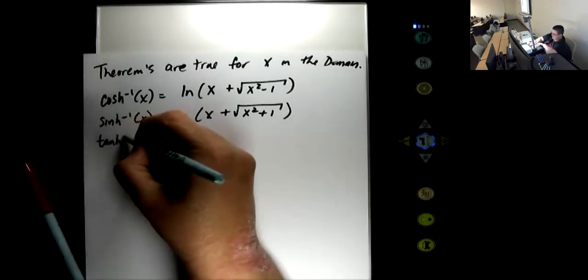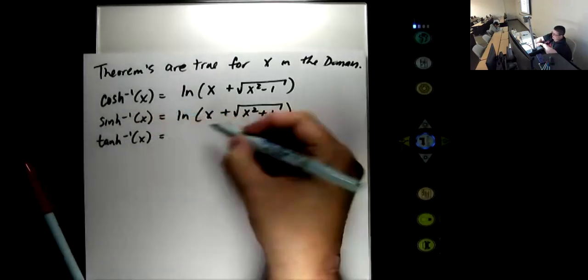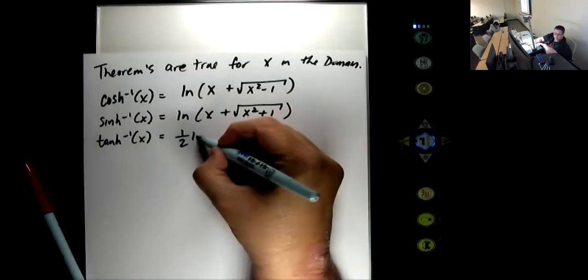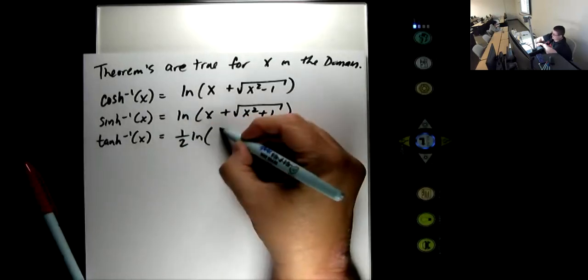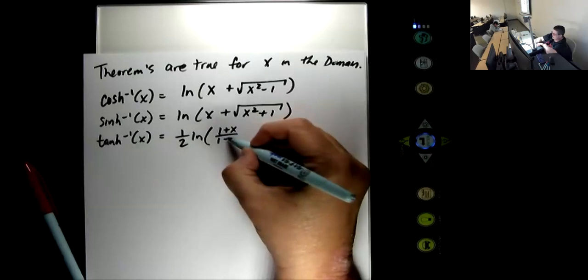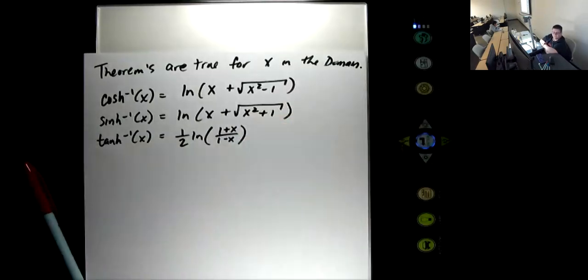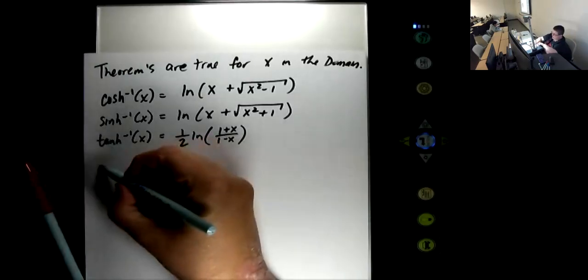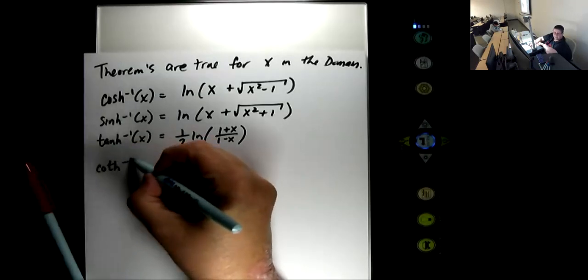Tanh inverse can be written as 1/2 the natural log of 1 plus x over 1 minus x. And the hyperbolic cotangent inverse is very similar.